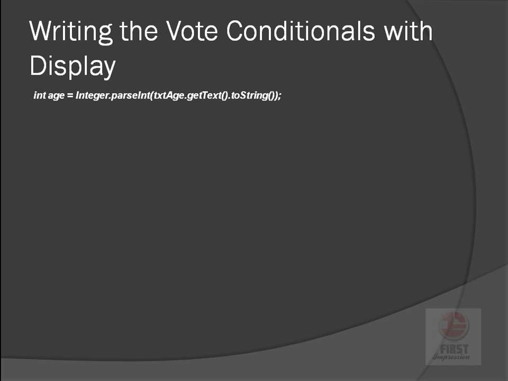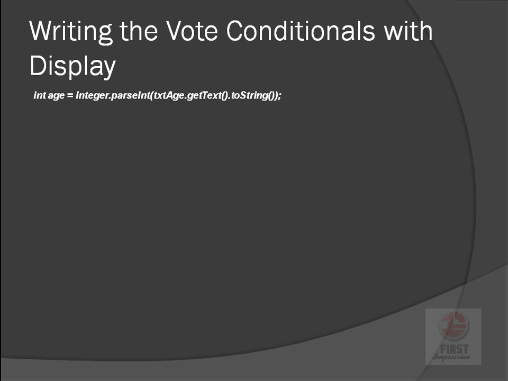First of all, you have to understand that whatever input you give inside the EditText txt age will be in the form of a string. You have to convert the string into an integer for comparison. That is, whenever you write the conditionals for vote, you will say if age is more than 0 and age is less than 18, then you cannot vote.